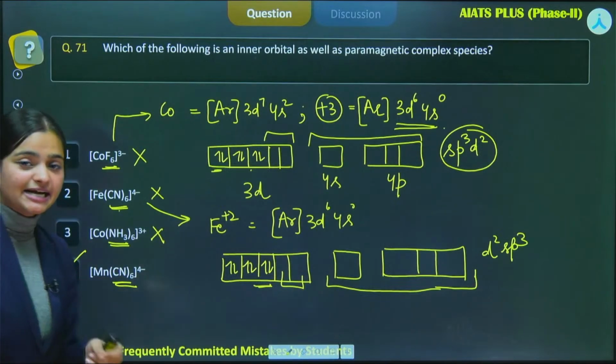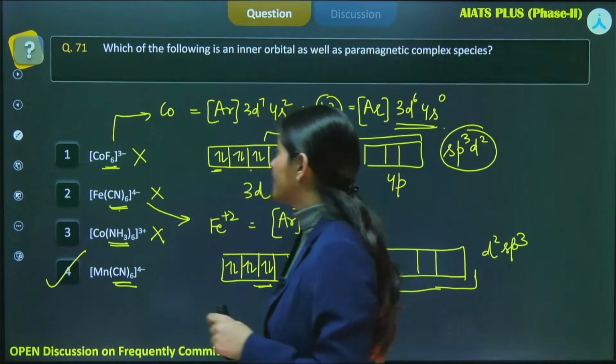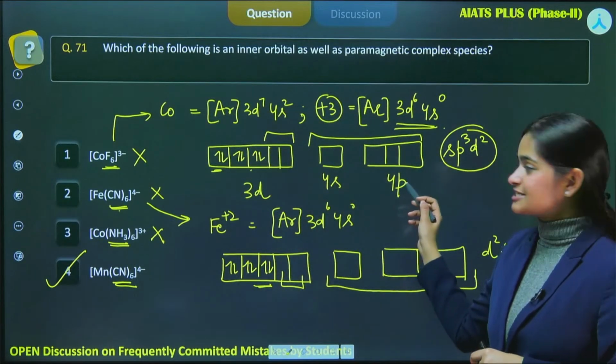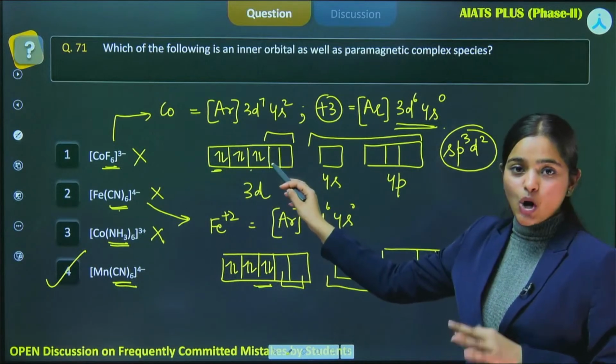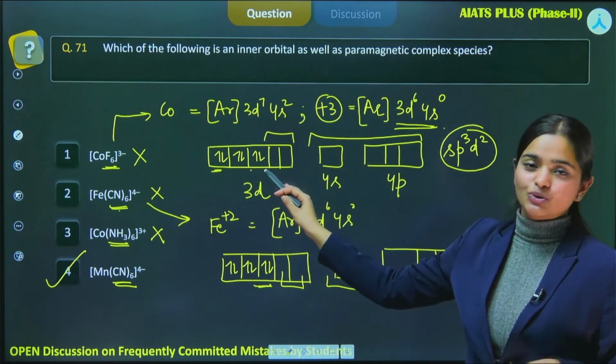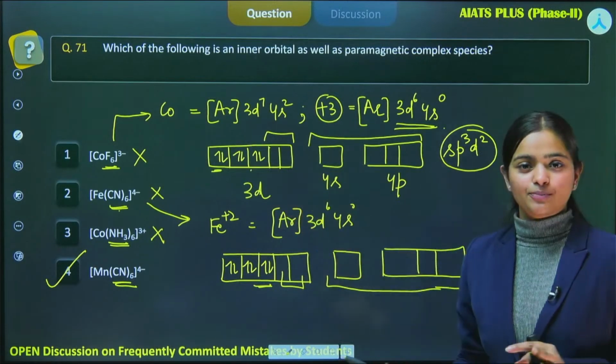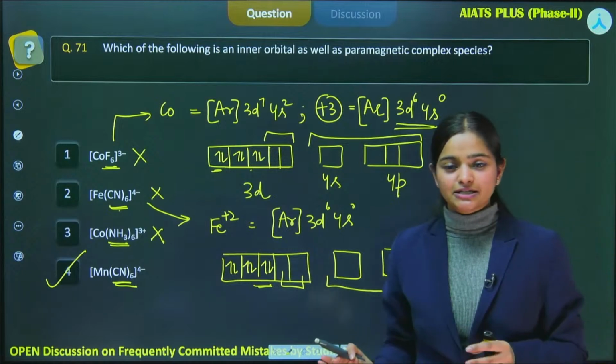It was indeed an inner orbital complex but was not paramagnetic. I have shown the electron filling like this here. It had all electrons paired up, so it was a diamagnetic species and not paramagnetic, though it was an inner orbital complex. I hope this is all clear.